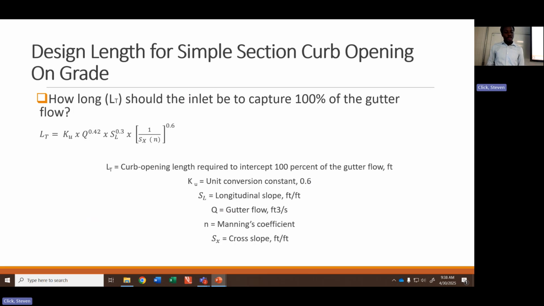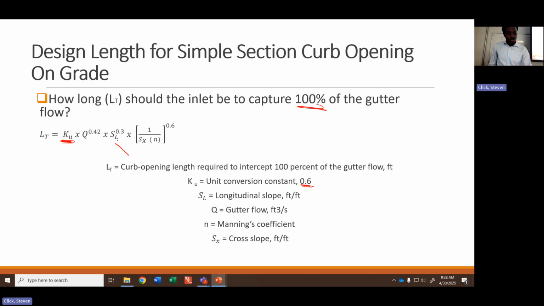Okay, so this is the formula for the ideal condition of capturing 100% of the gutter flow. You realize that there's also a K sub U here, but the value is 0.6, and the one for gutters was 0.56. So that's something you should note, that when you are designing inlets, the unit conversion constant is not 0.56, but rather 0.6. The formula works similar to the one for gutters.